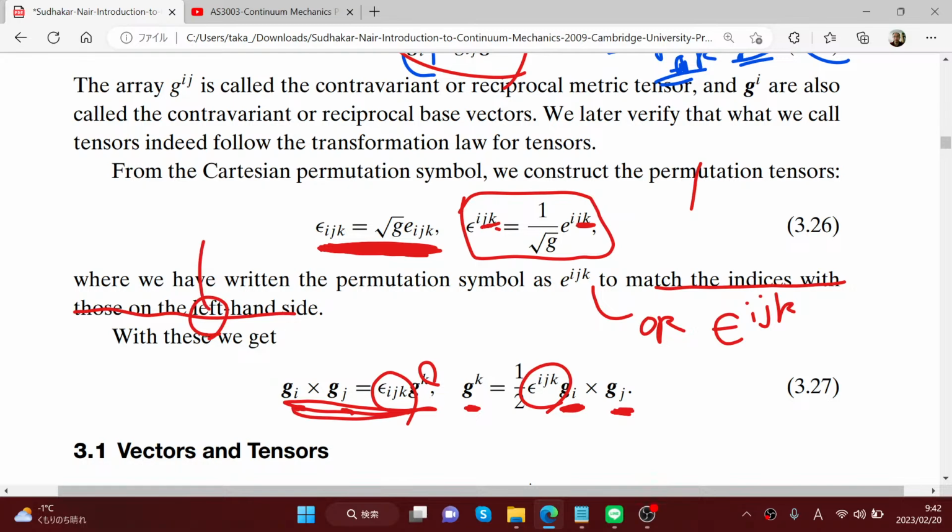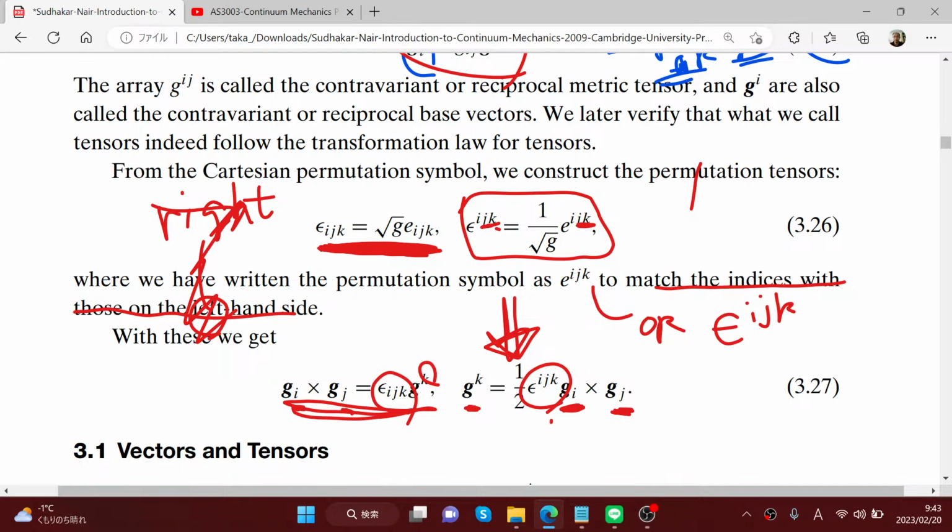This is right. So because here, this is the left-hand side, because he's talking about this one.